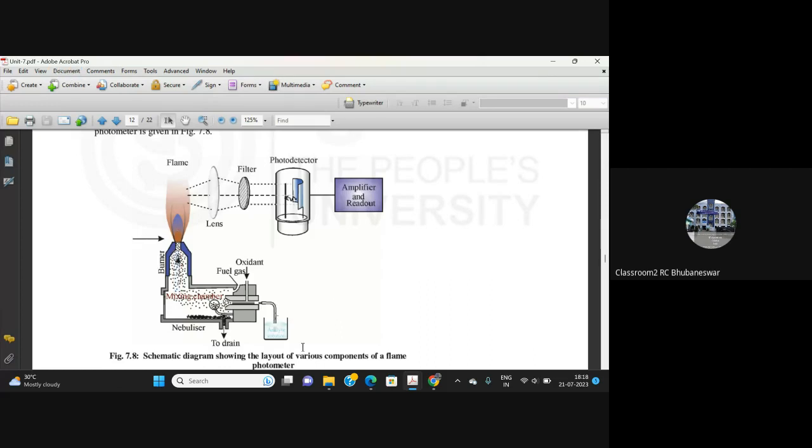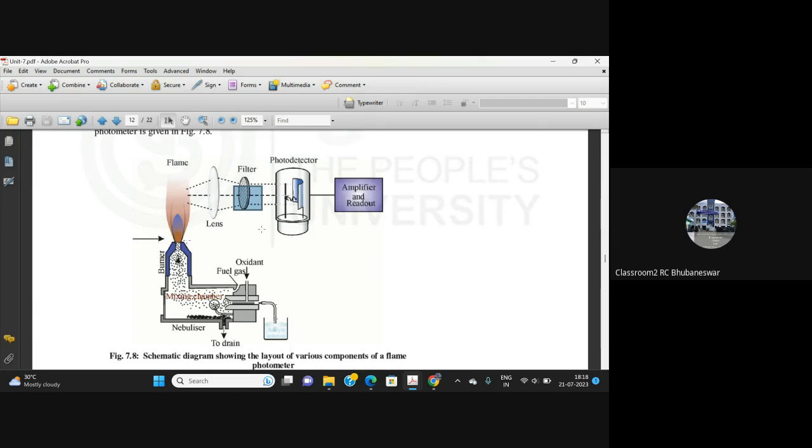So through this burner, the sample is going up, and it comes in contact with the flame, then atomization and everything is happening. Those atoms or ions absorb radiation, then the emitted radiation goes through a lens, then you have the filter which will cut the other unwanted radiations and make it monochromatic.